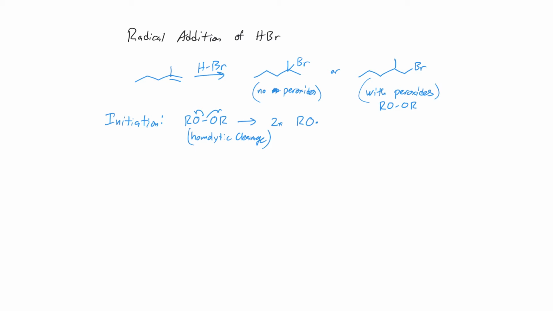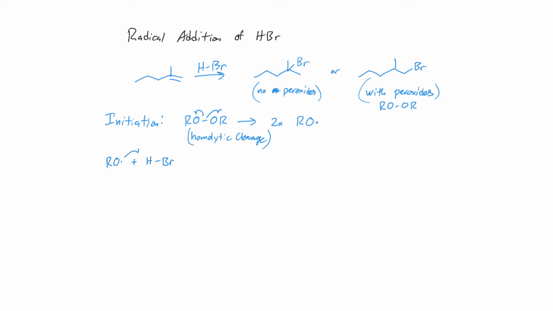And now that we've formed some radicals, we can now do some propagation steps. So our book calls this next step initiation as well. I consider it more of a propagation because we're taking a radical and we're creating more radicals. So if we have the RO radical, we can react that with HBr.